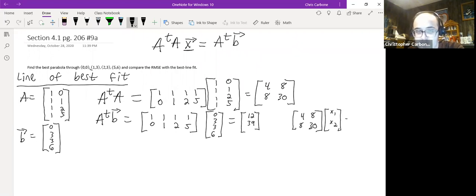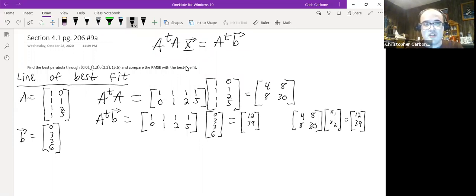This is supposed to be equal to what we just got from A transpose times the vector B, which is 12 and 39. Mind you, we could just use Gaussian elimination to find that, which is not particularly bad since we just have a 2 by 2 matrix.